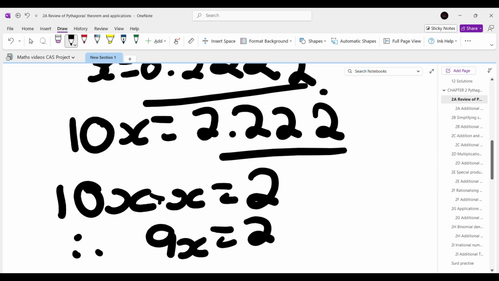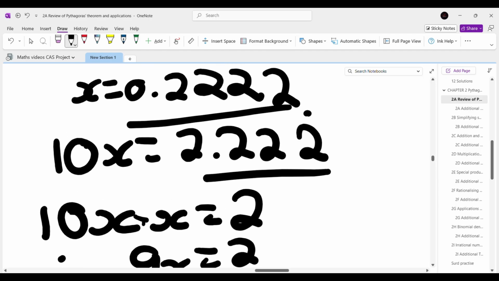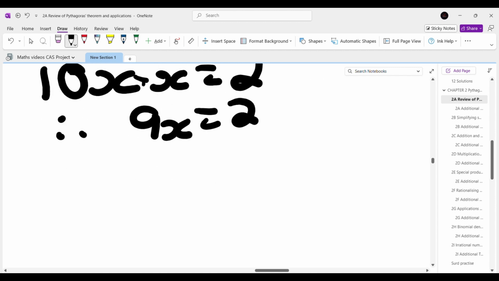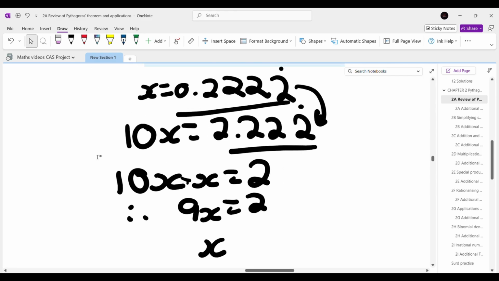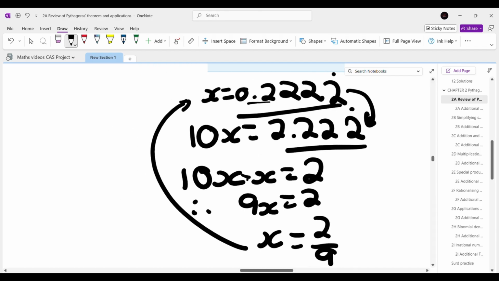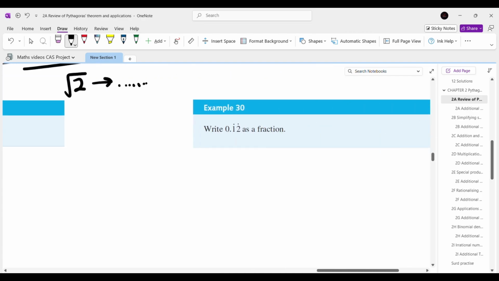Therefore x, which is what we originally assigned this to, is just equal to 2 over 9. Therefore 2 over 9 equals 0.2222 recurring.